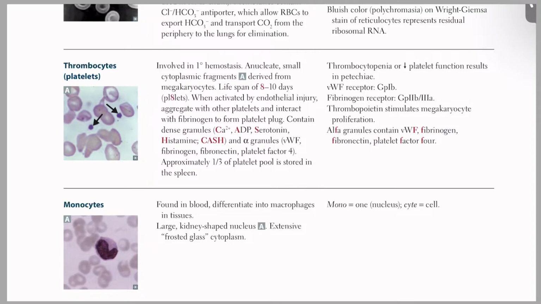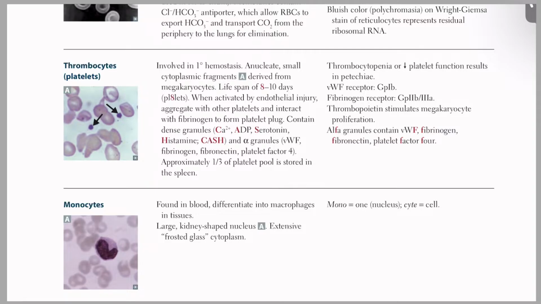Contain dense granules: calcium, ADP, serotonin, histamine, with CASH as a mnemonic. And alpha granules: von Willebrand factor, fibrinogen, fibronectin, platelet factor 4. Approximately one third of platelet pool is stored in the spleen.